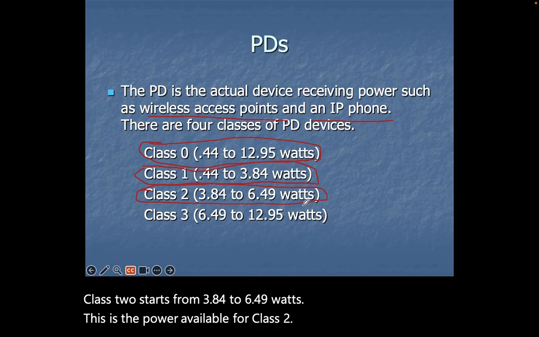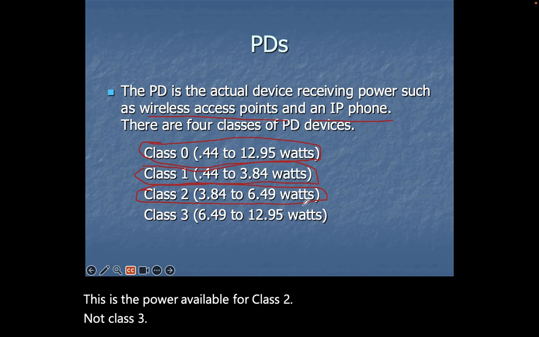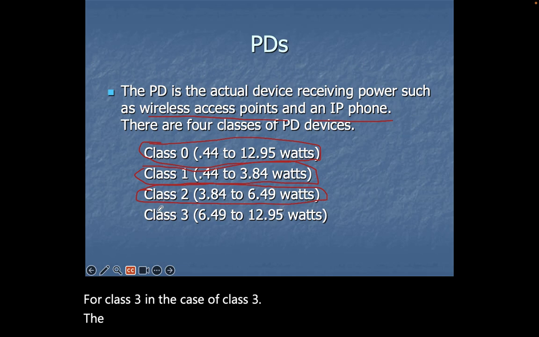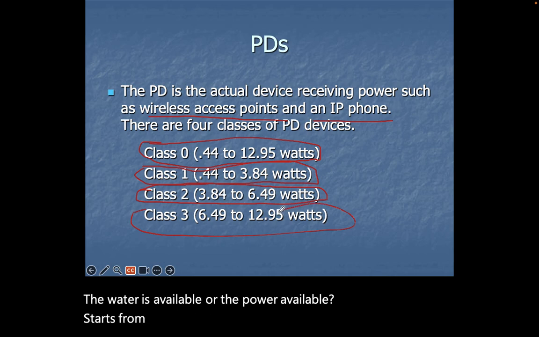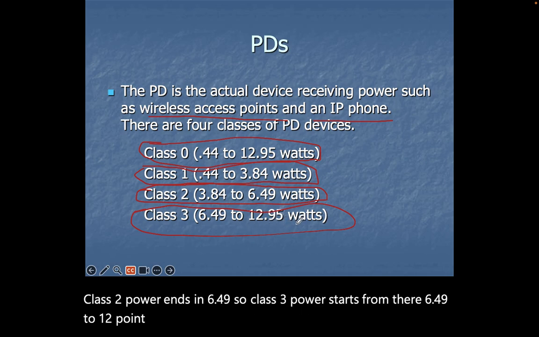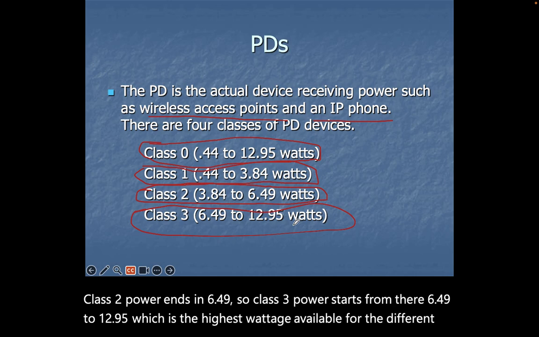Now, in the case of class 3, the power available starts from where class 2's power ends. Class 2 power ends at 6.49, so class 3 power starts from there, 6.49 to 12.95, which is the highest wattage available for the different classes for this PD.